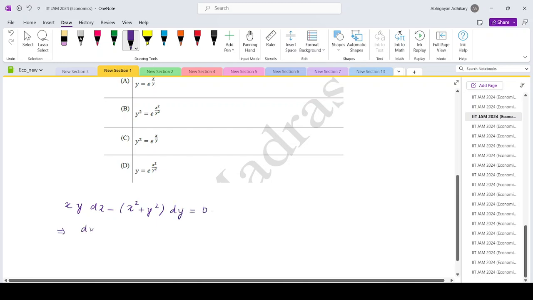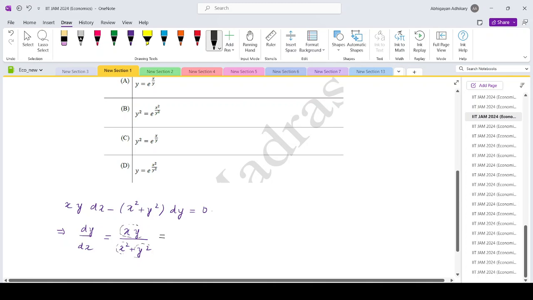So that means if we write this in the dy/dx form, that becomes xy divided by (x squared plus y squared), right? If you observe carefully, the total power of each of the terms in the numerator and denominator are the same, right?